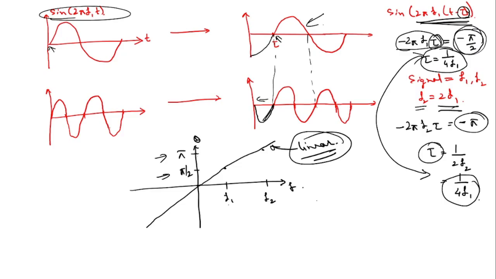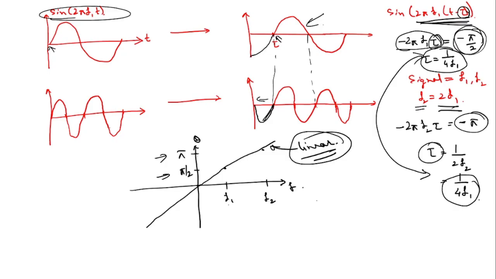Say for the example of the ECG signal, the different frequency components present from 0.5 hertz to 120 hertz are combining together, and then you are getting this ECG signal shape.